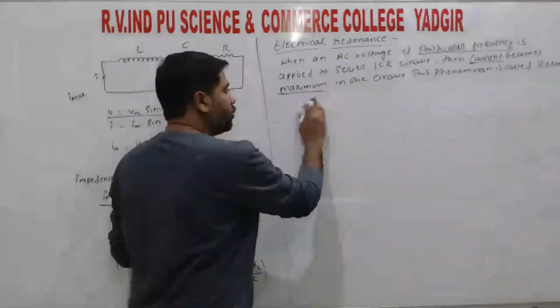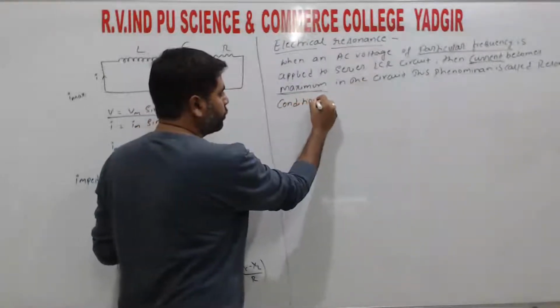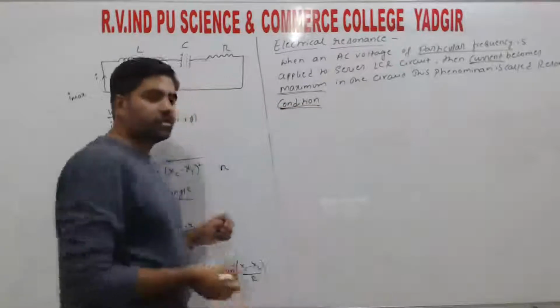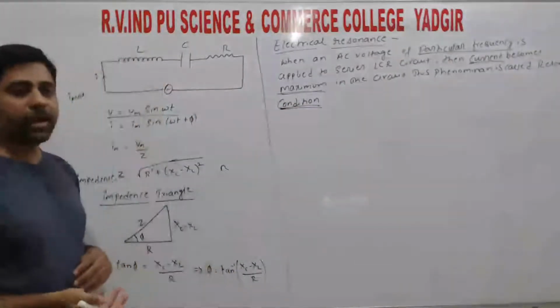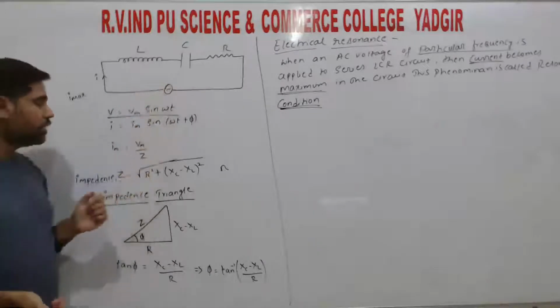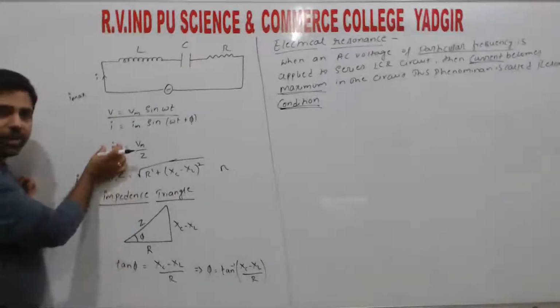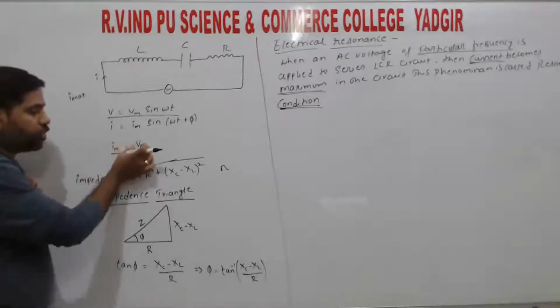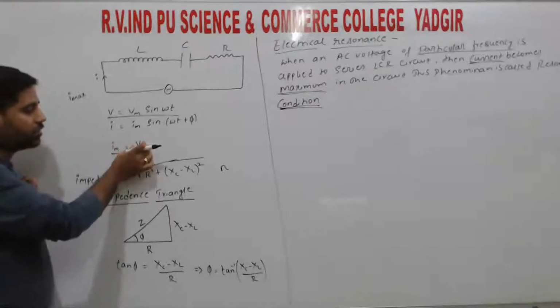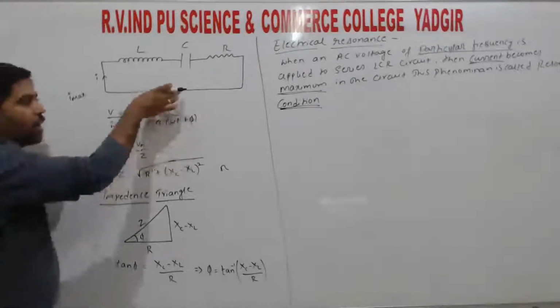Now we need to find the condition for electrical resonance. The condition is the one in which we get maximum current. So what we need is I maximum. When I is maximum, the applied voltage is constant; we don't change it for a particular frequency.